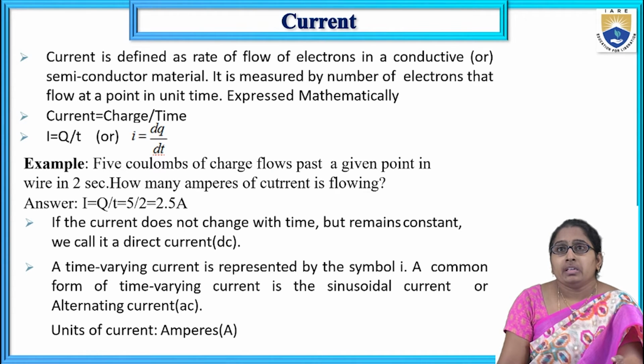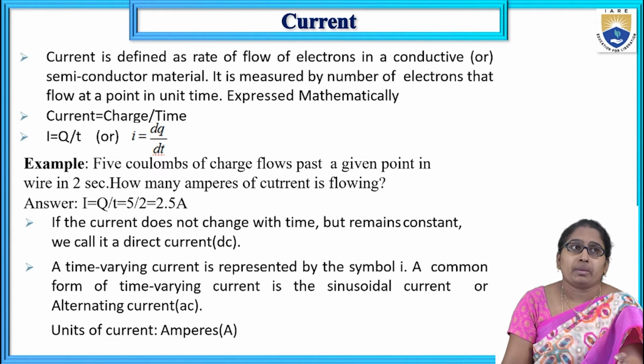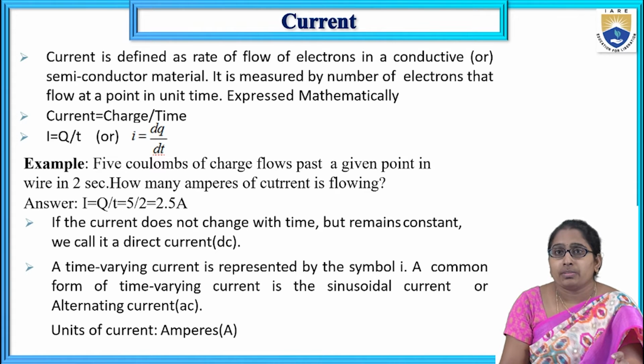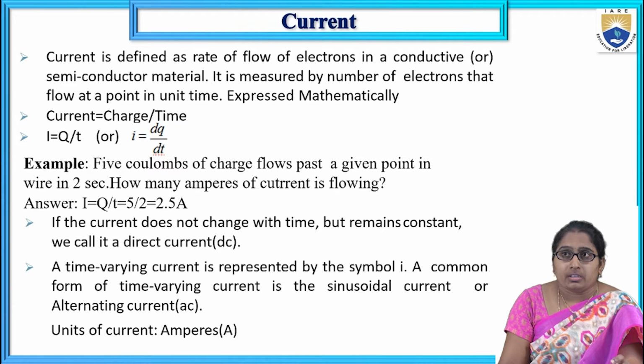It is measured by the number of electrons that flow at a point in unit time. Mathematically, current is given as charge by time. Rate of flow of electrons, so that's why charge by time.